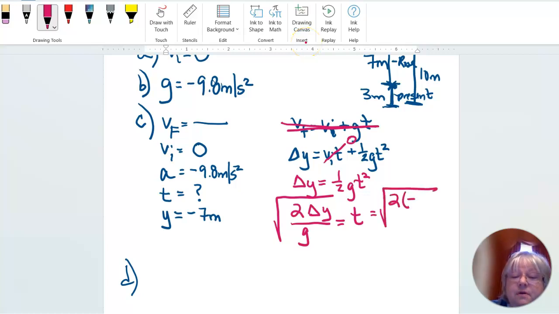So 2 times -7 meters divided by -9.8 meters per second squared. Negatives drop out. T works out to be 1.20 seconds.